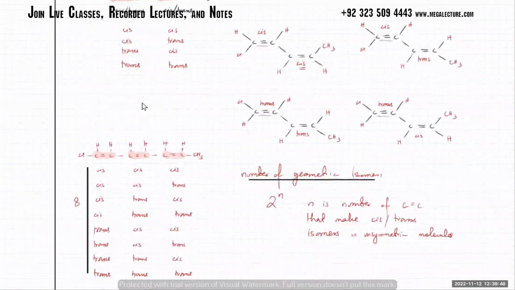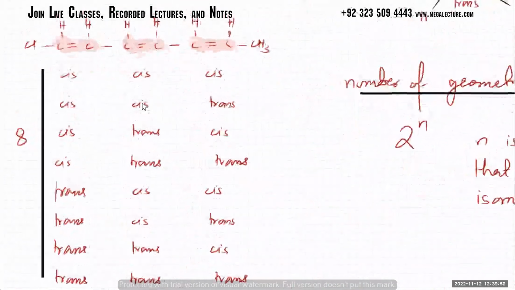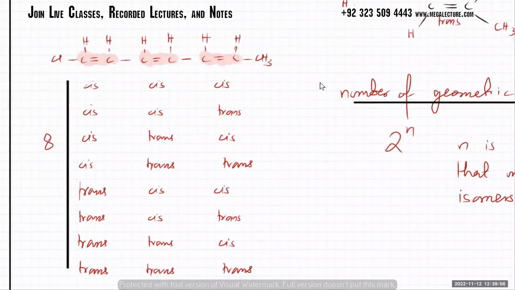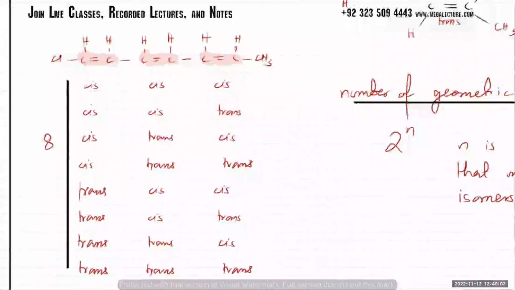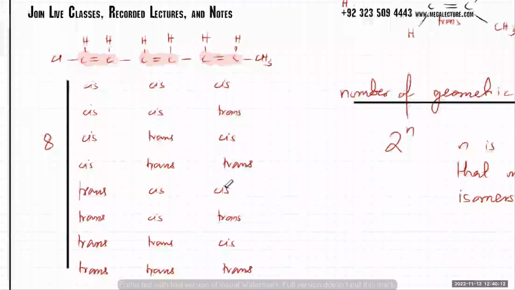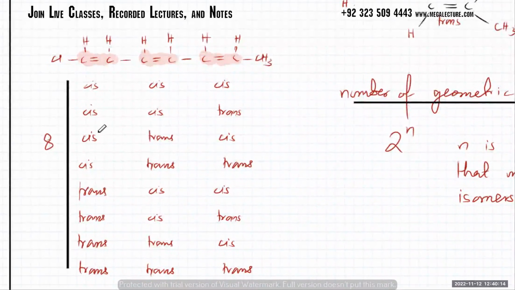Right now it's an unsymmetric molecule, but if there were a Cl here too, it would be symmetric, and left to right and right to left would mean the same thing. So cis-cis-trans will be exactly the same as trans-cis-cis. Is that clear? Yes sir.